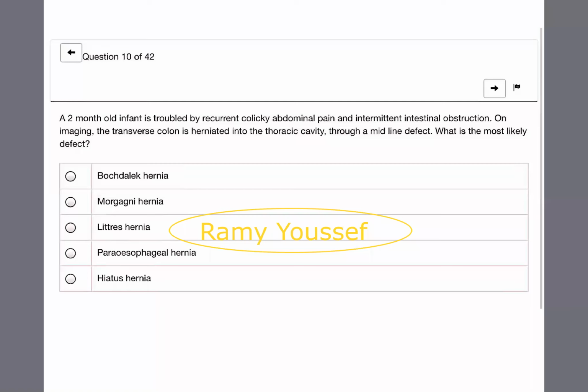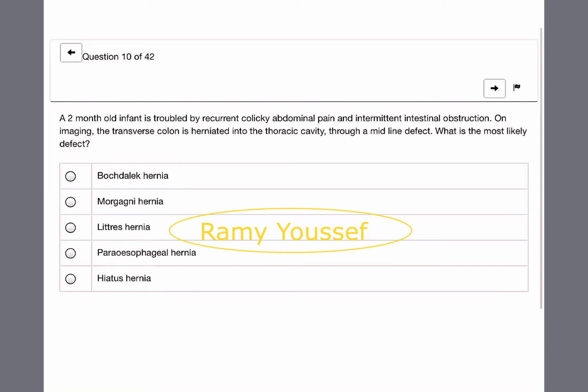A Bochdalek hernia. What do you think? Without reading the answers, what do you think about the defect here? Yeah, it's a diaphragmatic defect, which causes herniation into the thoracic cavity. Which diaphragmatic hernia is it?